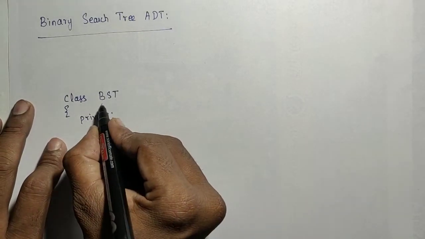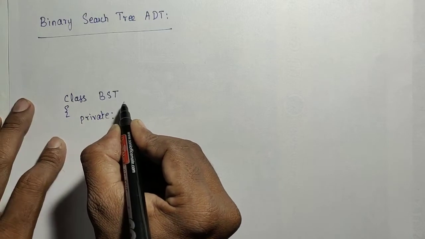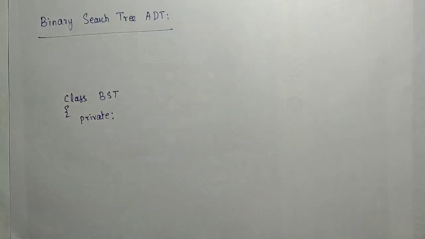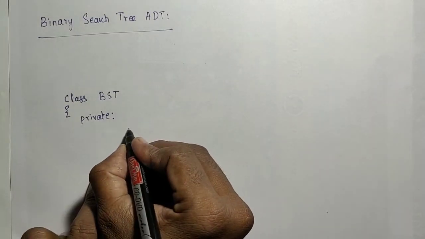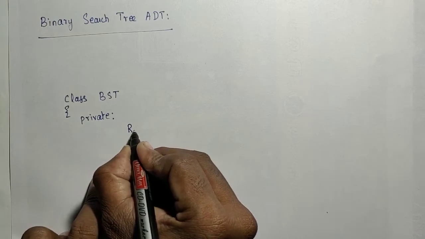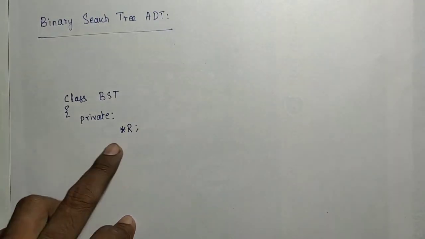But in case of a binary tree or binary search tree or any kind of tree, it contains only the address of the root node. So I need to create only one variable called r, which belongs to the type what? The address, that is what?